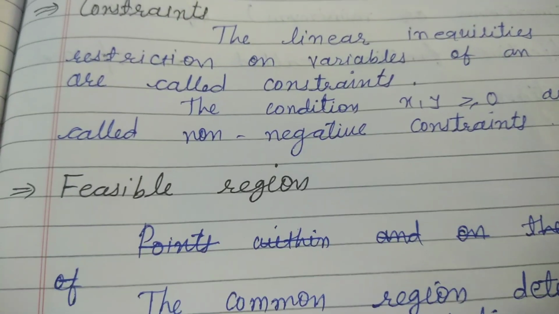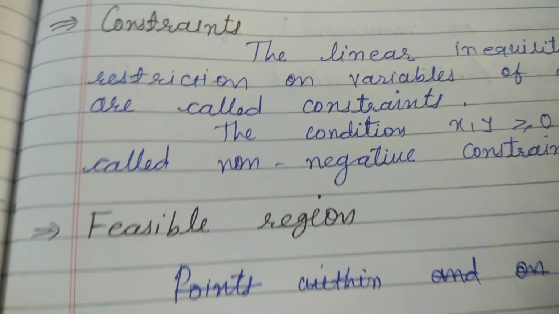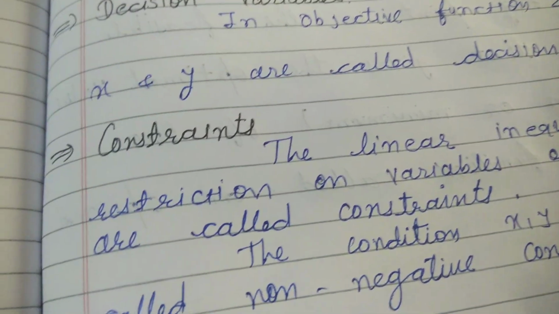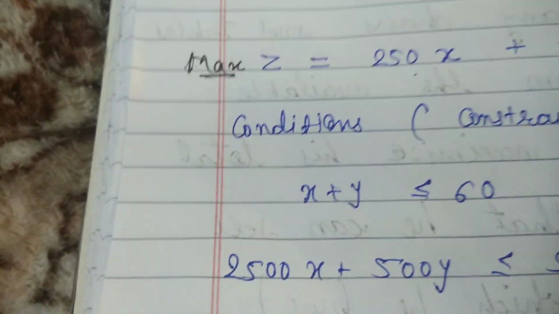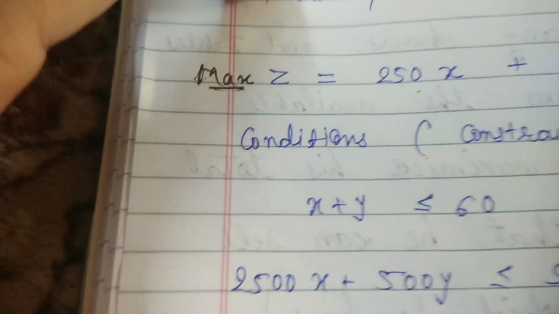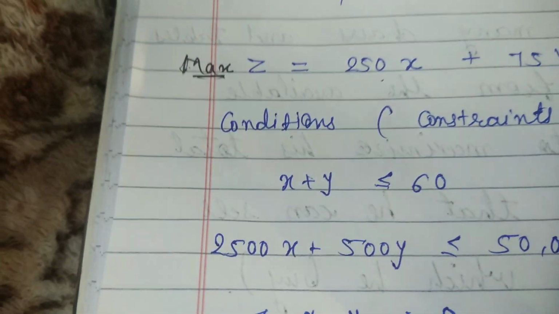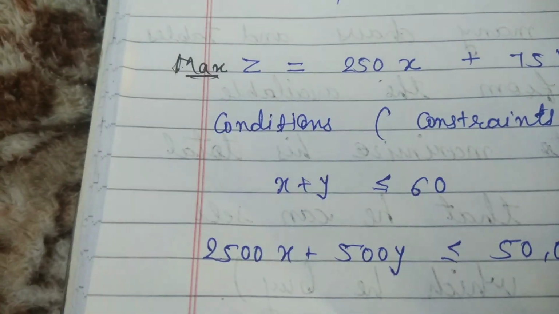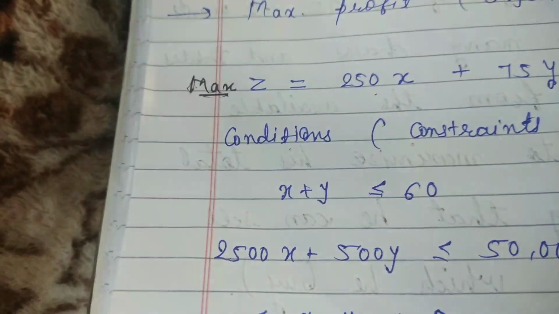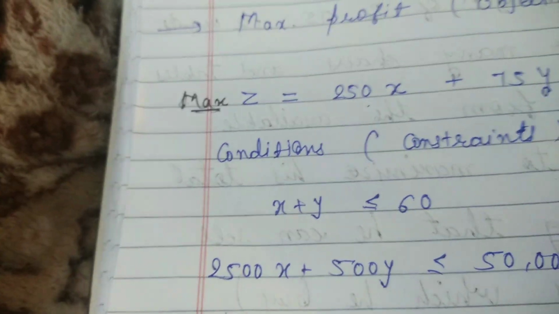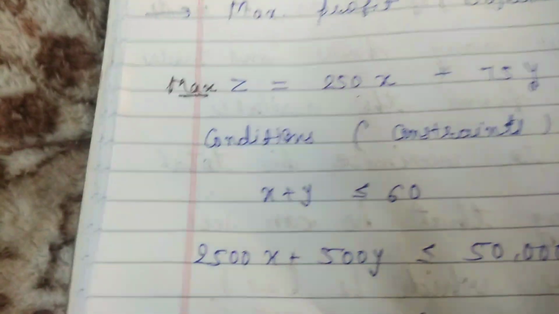Now after this, we have a feasible solution. So far we have only discussed the formation, how to form it, but we want to get the solution: how we can maximize or minimize.